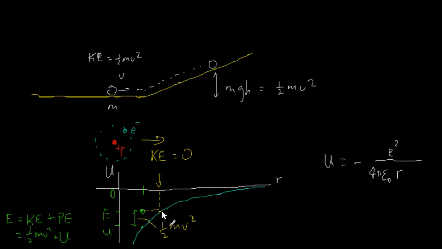So at some point when the kinetic energy is completely used up, what happens then? It must stop and turn back, just like my ball would stop and roll back down. That's what we might expect from our so-called classical picture or Newton's picture. Okay, so maybe that's what will happen.